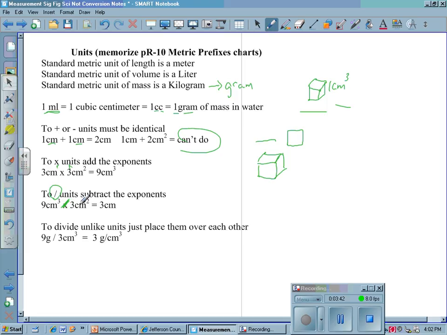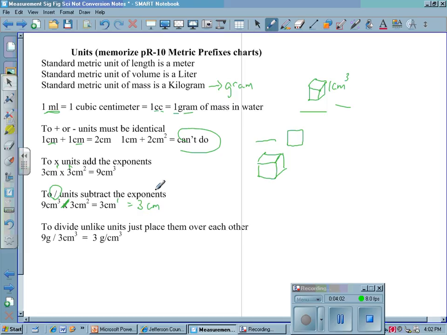And then you subtract the exponents. So 3 minus 2 is 1. So it would be the same thing as saying 3 centimeters to the 1st power. But anything that's to the 1st power, you can just leave like it is. So it's 3 centimeters. So when you divide units, you subtract the exponents. When you multiply units, you add the exponents.